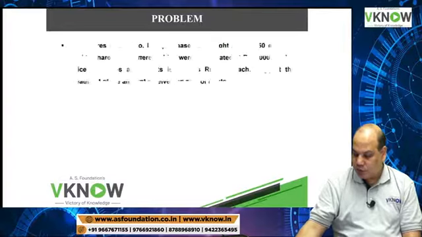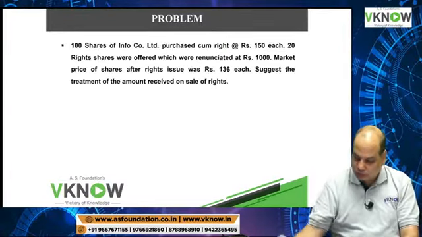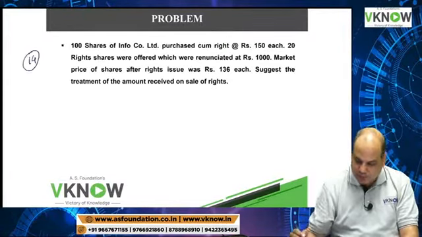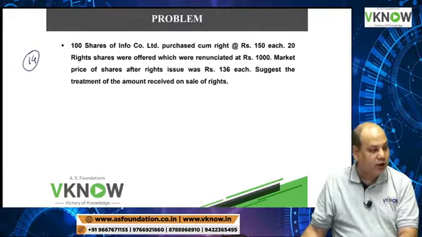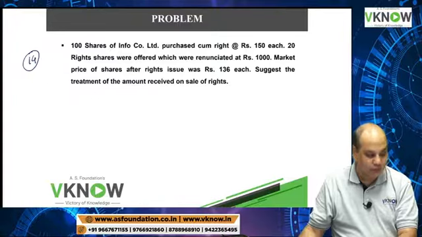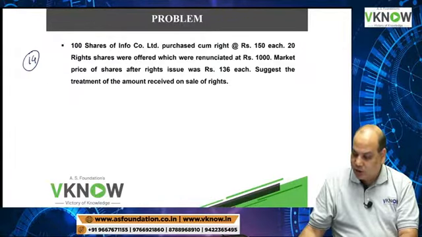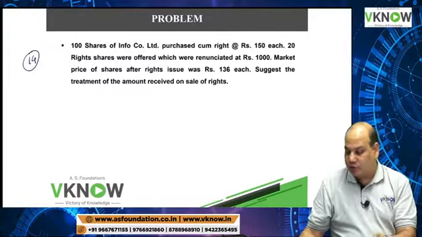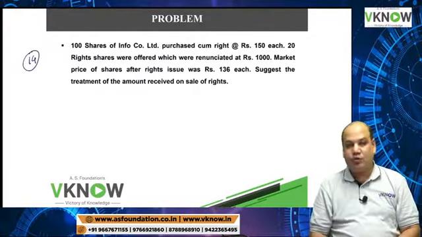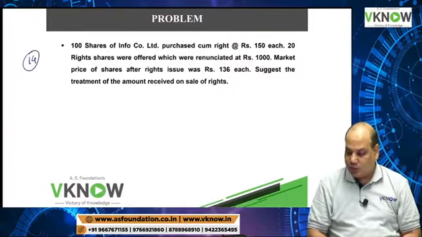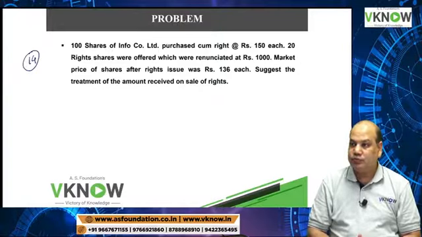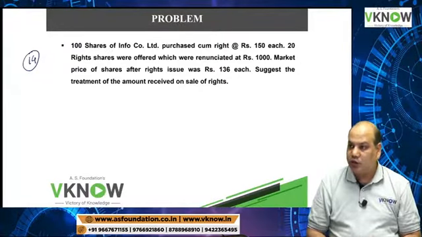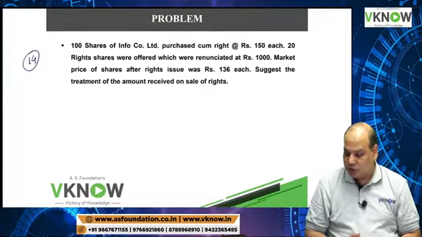Next question 14. 100 shares of Info Company Limited were purchased at rupees 150 each. 20 right shares were offered, which were renounced at rupees 1000. Market price of the share after becoming right issue is 136 each. Oh my God.